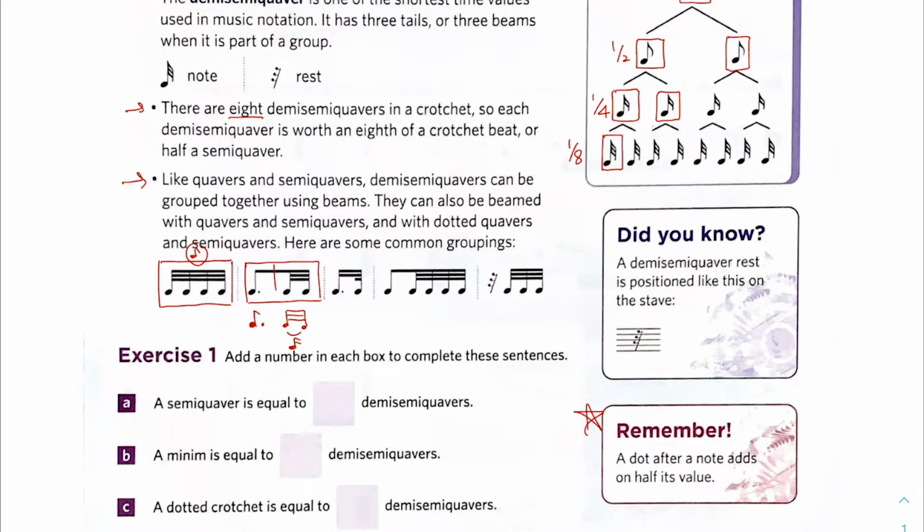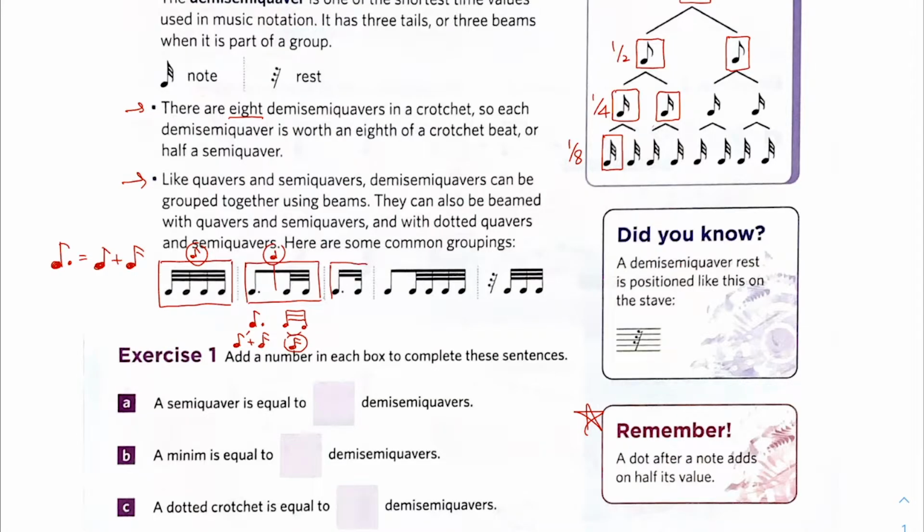So a dotted quaver, let's write it here, would be a quaver plus half of a quaver, which is a semiquaver. So here, this is a quaver plus a semiquaver. And there is another semiquaver here from the 2 demisemiquavers. So altogether, we have the value of a crotchet here.